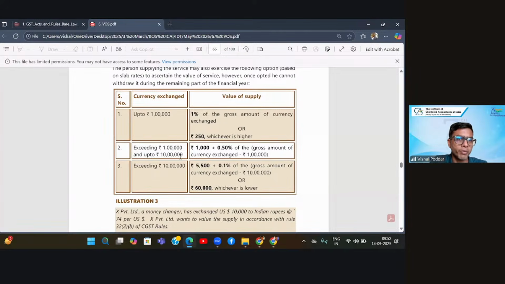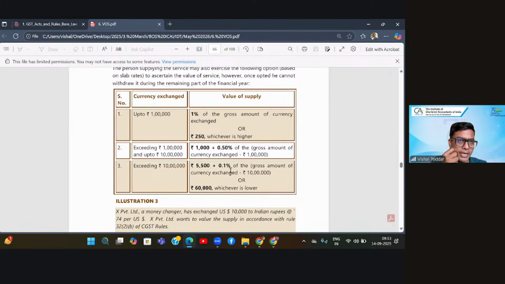Then between 1 lakh to 10 lakhs, that is for these 9 lakhs, it is 0.5%. So 0.5% of 9 lakhs comes to 4,500. So up to 10 lakhs, the amount will be 5,500: 1% on 1 lakh and 0.5% on 9 lakhs. So this is how for the first 10 lakhs, the value is 5,500 plus.